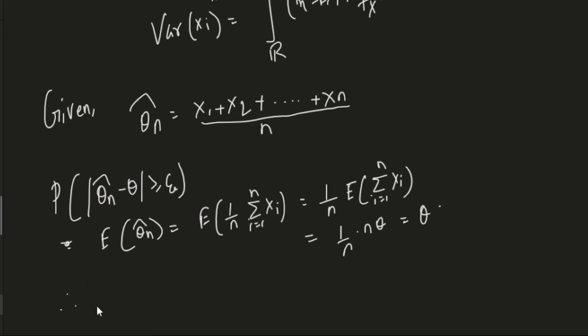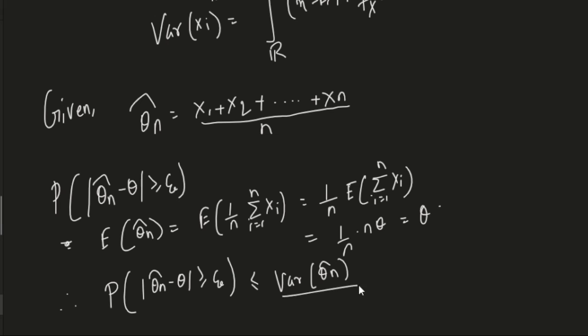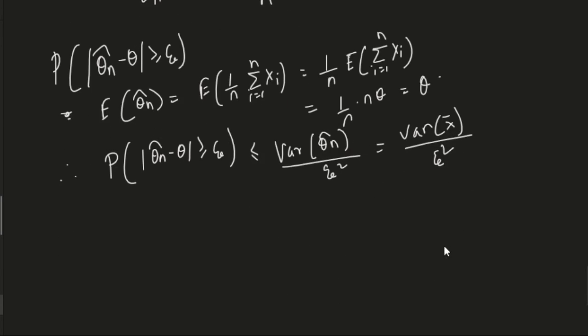Therefore, using Chebyshev's inequality, we have that it is less than or equal to the variance of theta n by epsilon squared, and now the variance of theta n is the variance of x bar. Now what is the variance of x bar?